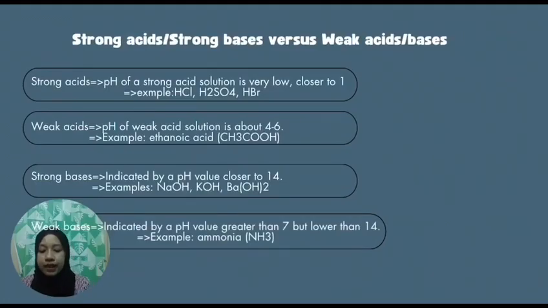For strong base, indicate by a pH value closer to 14. For example, NaOH, KOH, Ba(OH)2. Weak base, indicate by a pH value greater than 7 but lower than 14. For example, ammonia NH3.